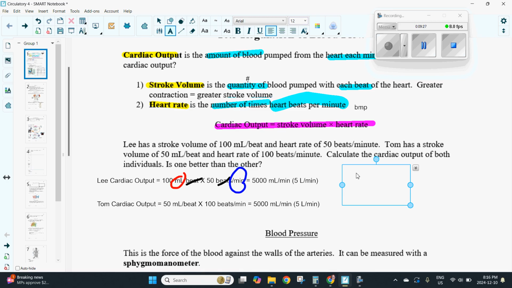Okay, so I would hypothesize between these two individuals that, if all scenarios are the same and maybe they're at rest, then Tom would be more unhealthy than Lee. I would say that maybe Lee is more active in his lifestyle, whereas Tom is more sedentary.